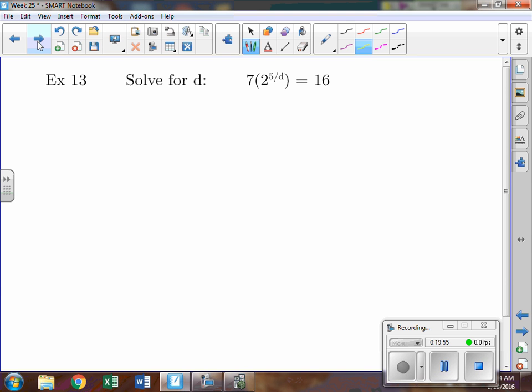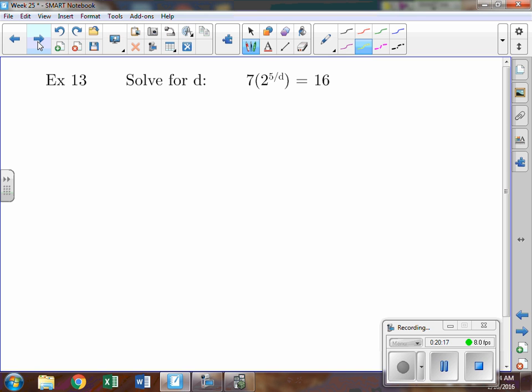Consider now our example 13. Where is the variable? Is the variable in a base, or is the variable in an exponent? Because the variable is in the exponent, we need logarithms.